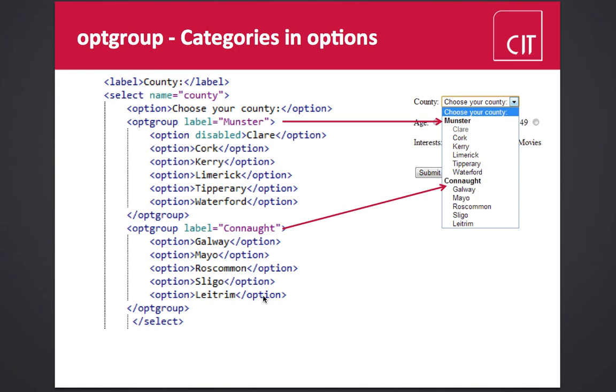What's interesting to note here is, once again, we have structures inside structures inside structures. So we have a select here, and then a slash select here. And then we have an opt group, begin opt group, slash opt group, begin opt group, slash opt group, and then begin option, slash option. So you have boxes inside boxes inside boxes.